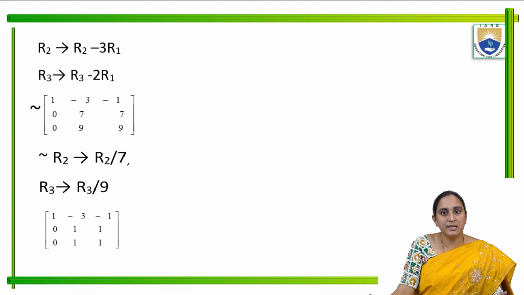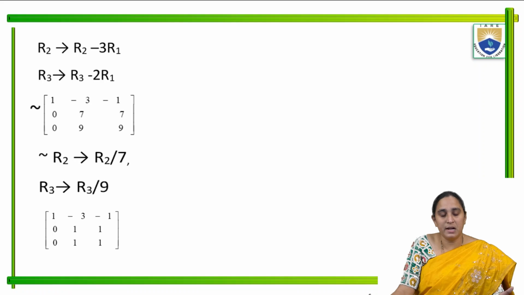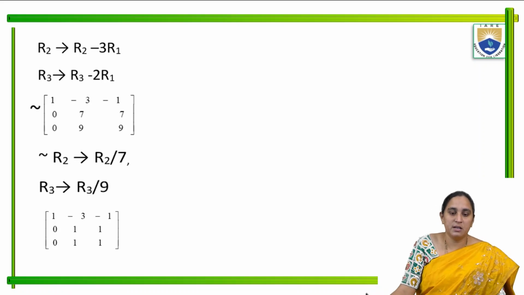Observe that some common terms are there. What are the common terms? R2 is 7 and R3 is 9. I'll divide R2 by 7 and R3 by 9. That gives 1 minus 3 minus 1, and 0, 1, 1, and 0, 1, 1.